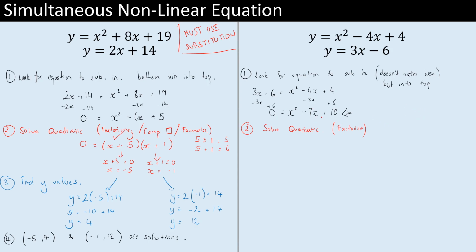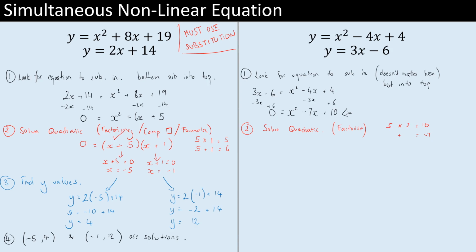So I want two things that multiply together to give me 10, the multiple of the a coefficient and the very end, and I want two things which add up to give us negative 7. First of all, two things that multiply to give us 10: I've got 1 and 10, but I can't use those to give me 7.